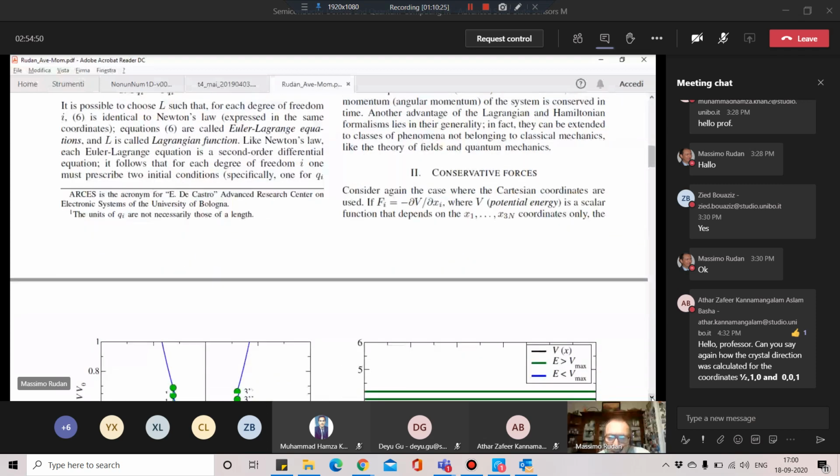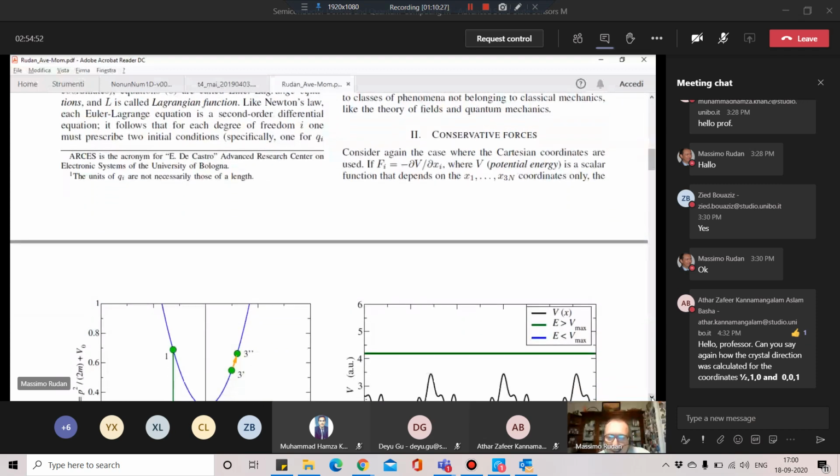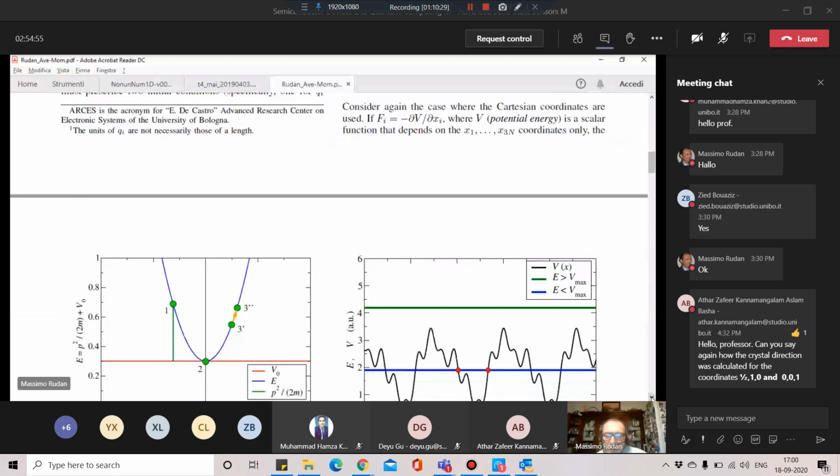I just wanted to remind you that if you consider a particle or a system of particles, for simplicity, consider a Cartesian set of coordinates, okay?